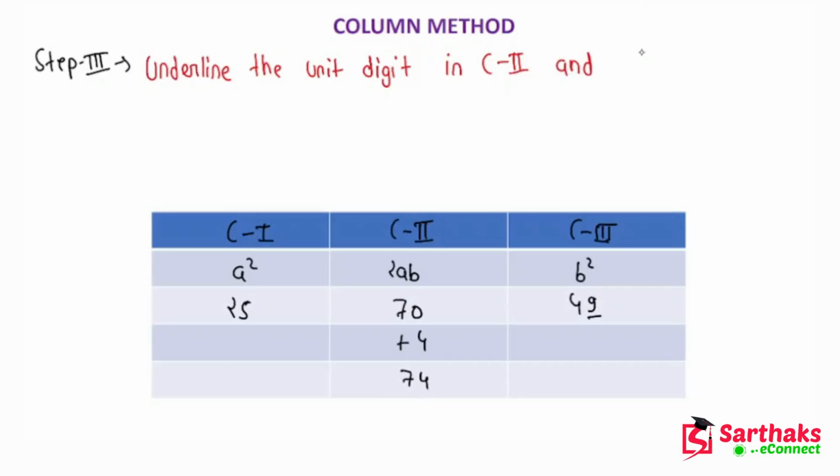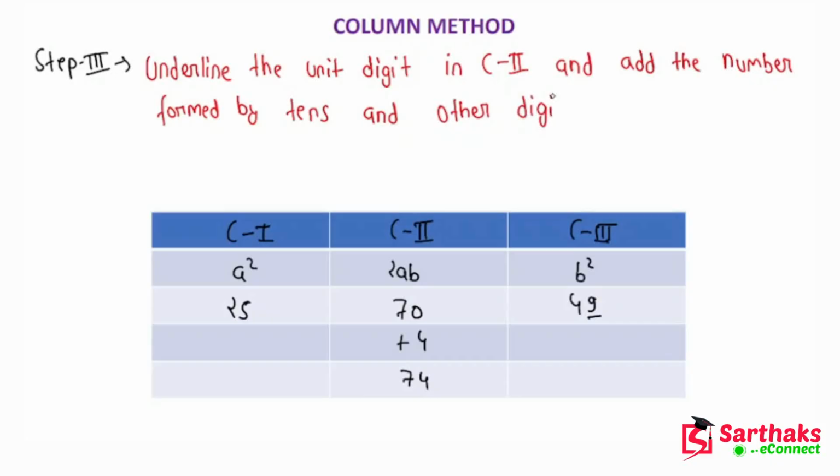So underline the unit digit in column 2 and add the number formed by tens and other digits, if any digit is left, to A square, obviously in column number 1.